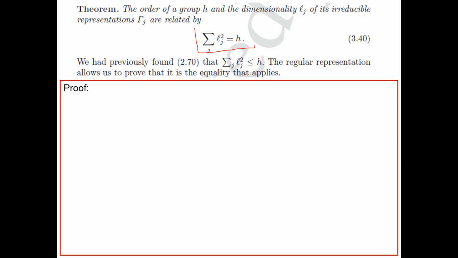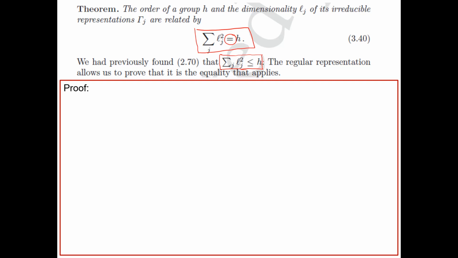This relates the order of the group to the dimensionality of the different irreducible representations of the group. So if you sum over all irreducible representations of the group, the dimensionality square, then the result is equal to H. Again, this is an unsuspected result, and it's a very beautiful and important result. We have shown this inequality in the last lecture, but now we're going to show that it is the equality that holds. Okay.